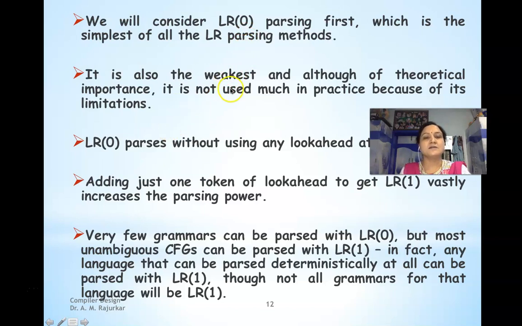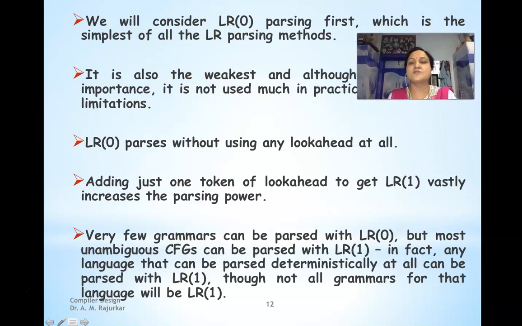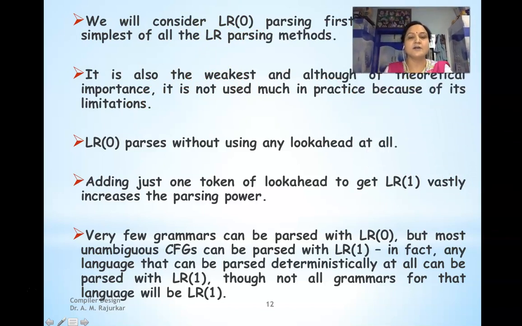This is also called the weakest parser, and although of theoretical importance, it is not used much in practice because of its limitations. Because it is not using any look ahead, the parser is weak. It cannot be successfully used for all types of grammar. So LR(0) parsers work without using any look ahead at all, and that's why this is LR(0).